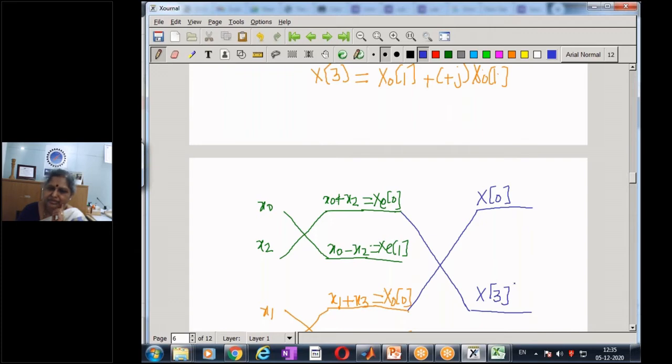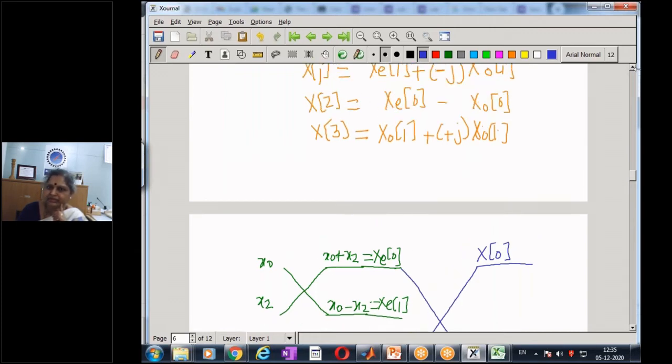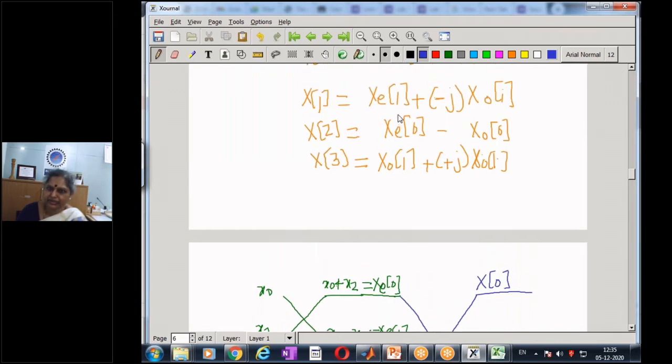Now how is my second term? My second term is, say k equal to 1, xe of 1 minus j into this.